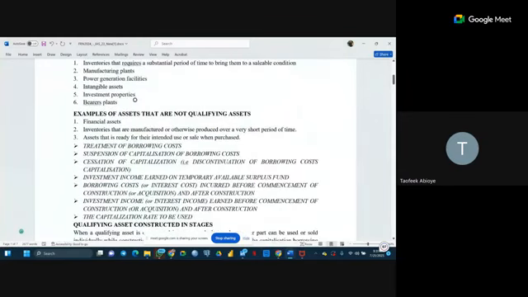So let's move on. Examples of assets that are not qualifying assets: financial assets, inventory that is manufactured within a short period of time, and assets that are ready for their intended use or sale when purchased. Basically, we are talking about borrowing costs, which are the extra costs we incur on funds borrowed from financial houses for a particular project. What costs can we capitalize, and on which asset can we claim that we have incurred a borrowing cost that we can capitalize?